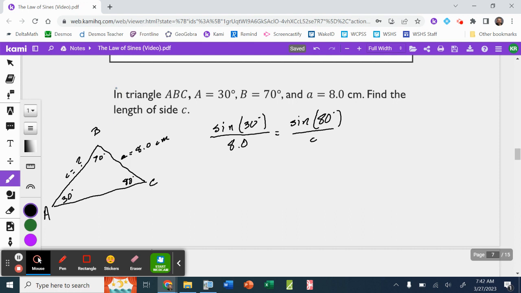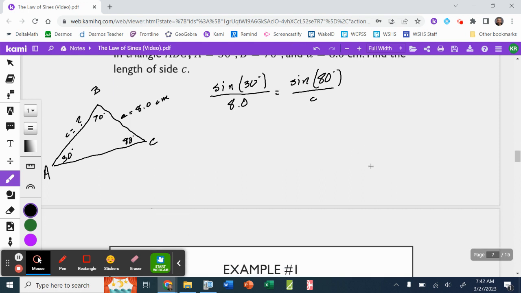I'm going to go ahead and cross multiply. So I'm going to have side c times the sine of 30 degrees is equal to 8.0 times the sine of 80 degrees.